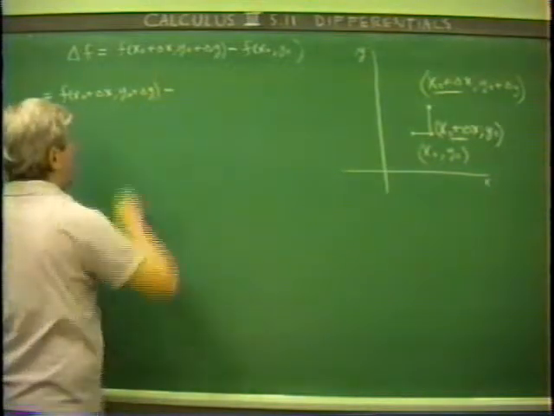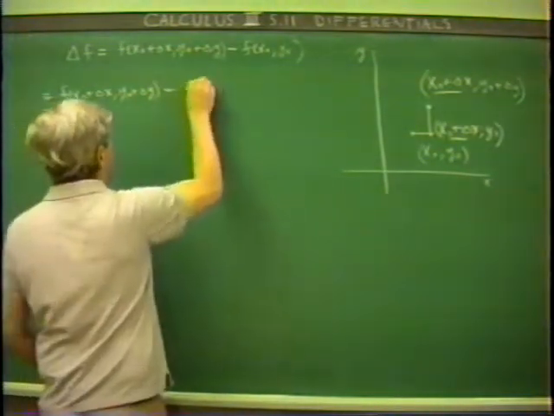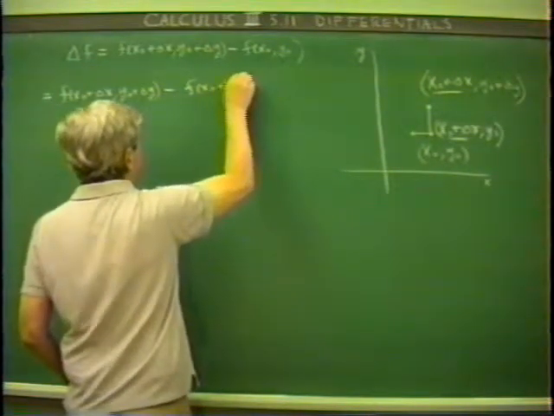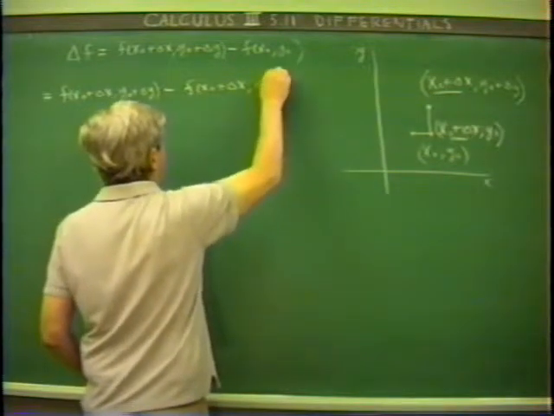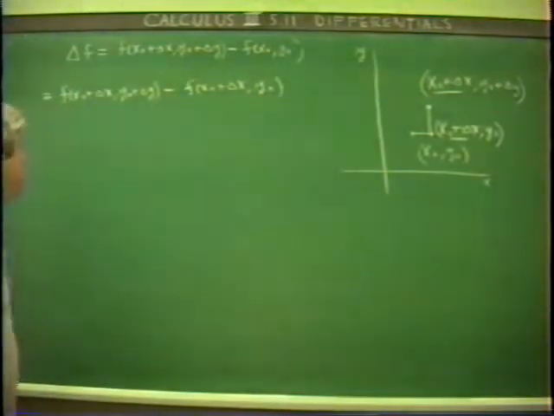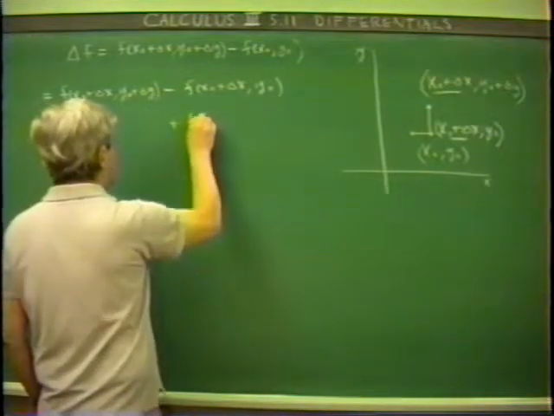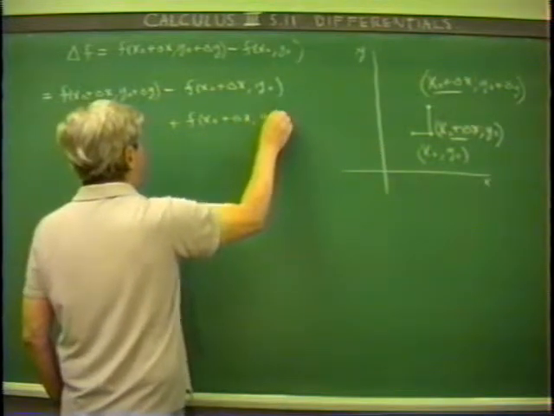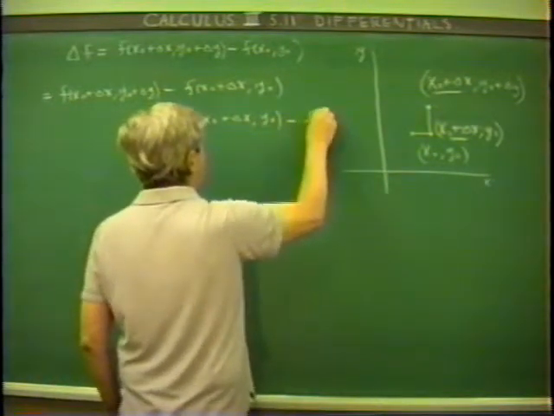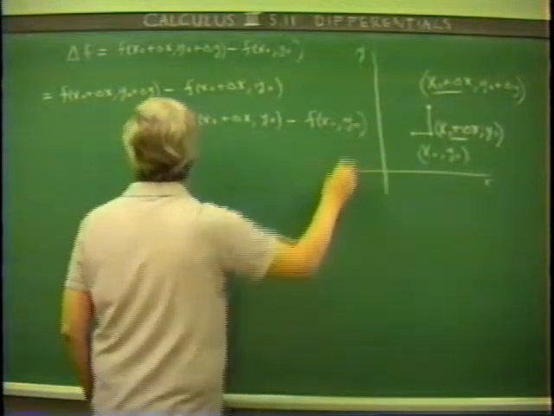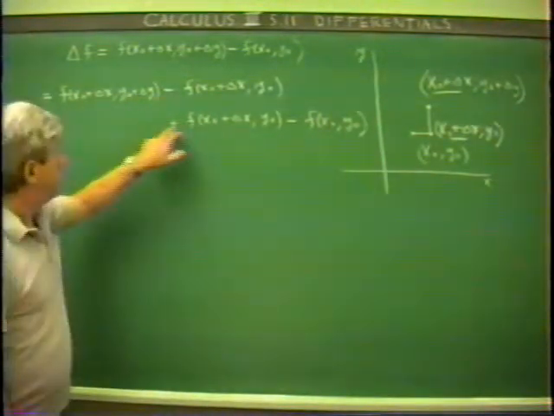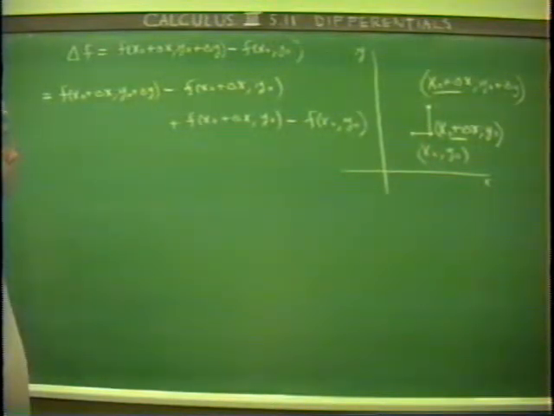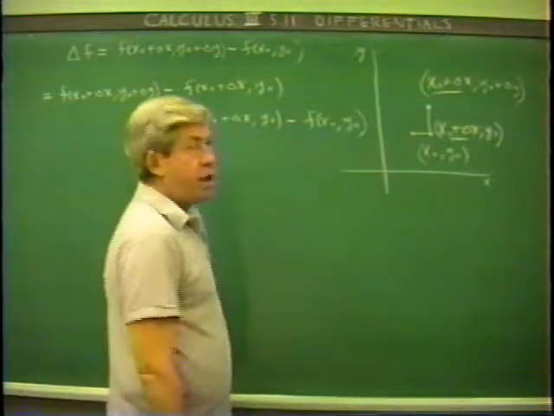So this is going to be f of x naught plus delta x, y naught plus delta y, minus f of x naught plus delta x, y naught, plus f of x naught plus delta x, y naught, minus f of x naught and y naught. So that's equal to this, like so.